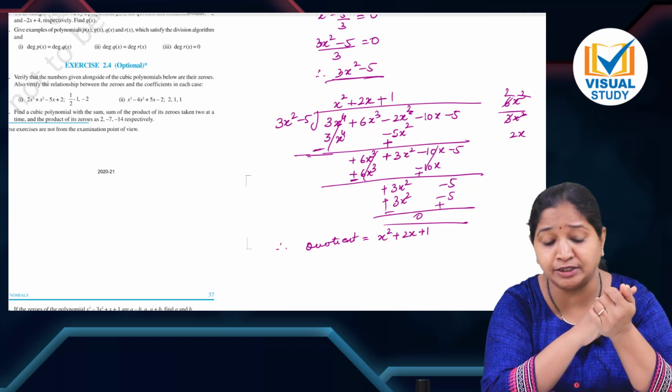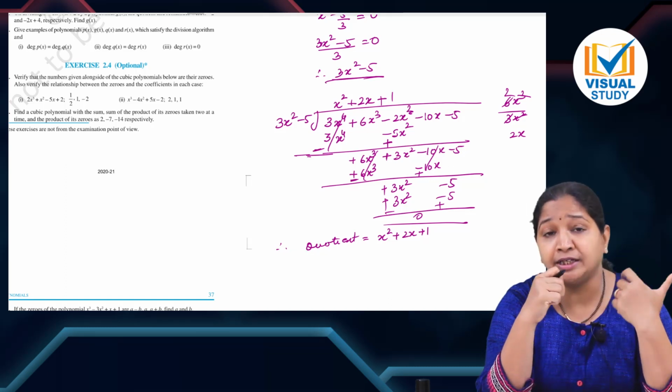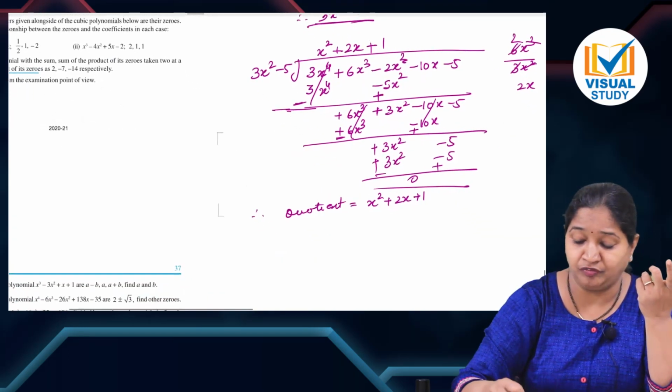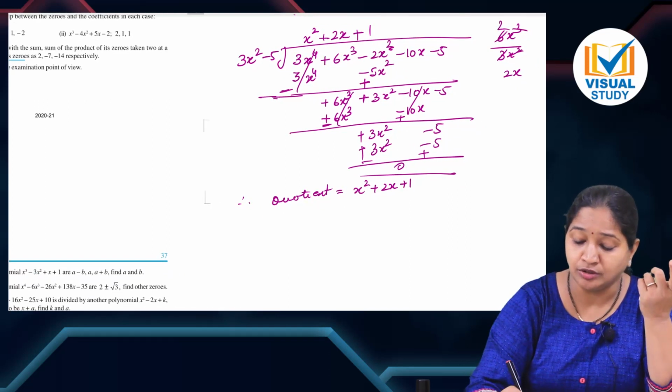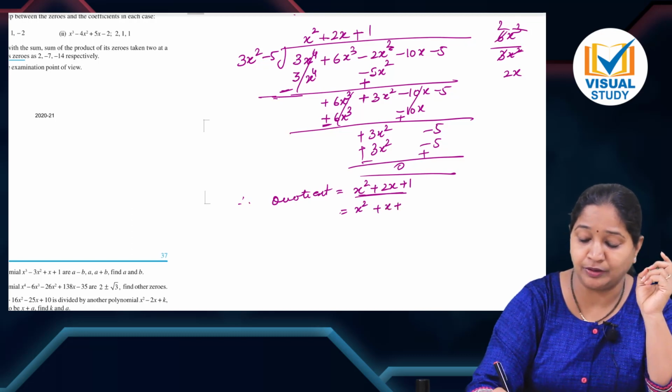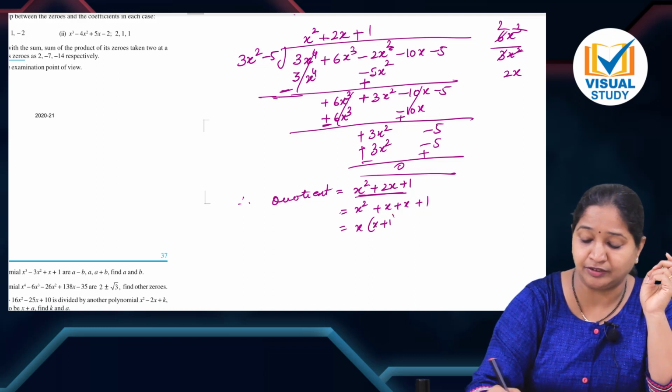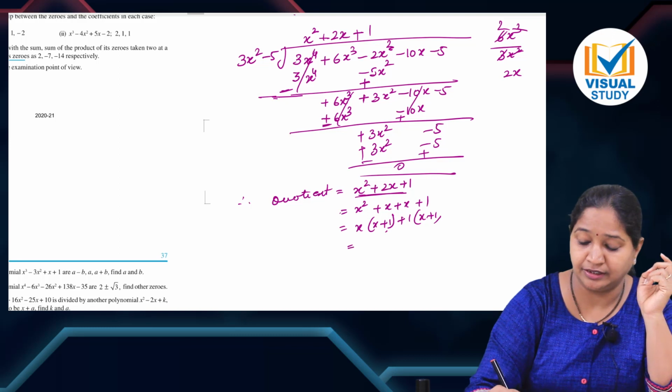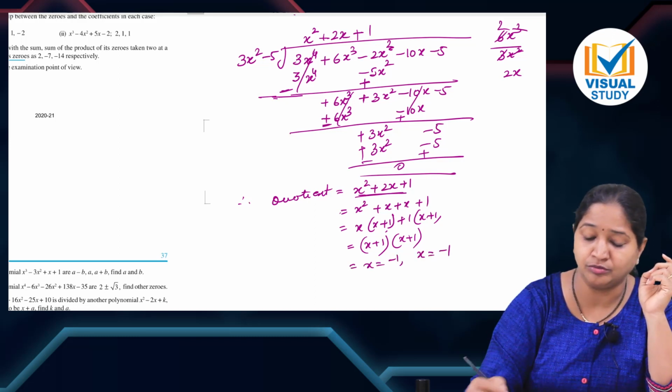Now what you have to do is find the two more zeros. So the middle term splitting method you can use here. That is x square plus 2x plus 1, so x into x plus 1 plus 1 into x plus 1. That is x plus 1 and x plus 1, and you get x equal to minus 1 and x equal to minus 1.